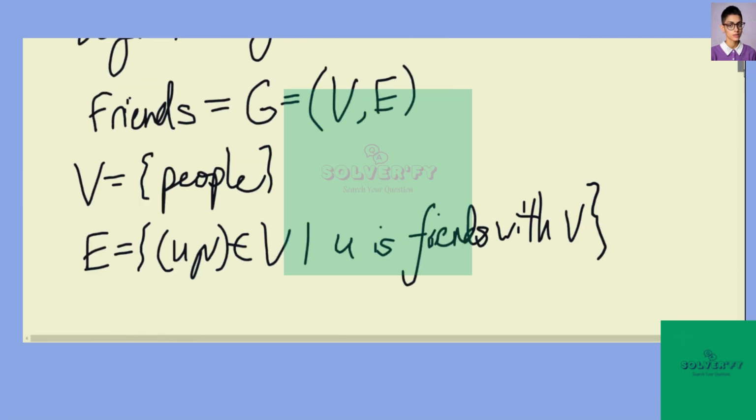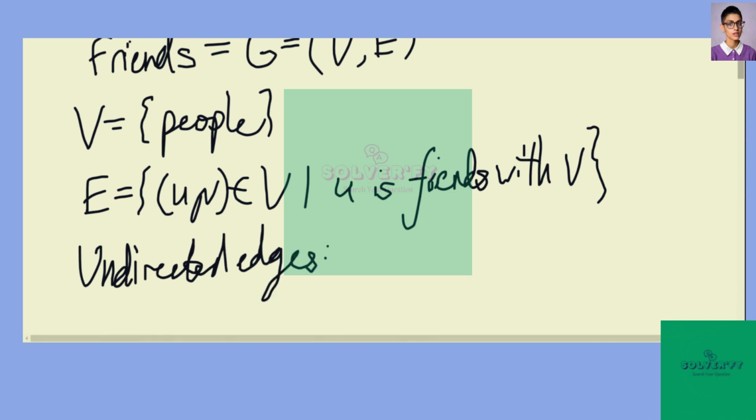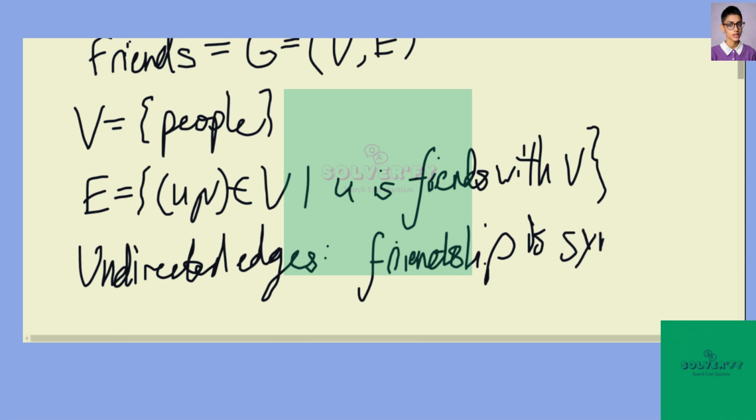First of all, the edges are going to be undirected, and this is because friendship is a symmetric relationship. So if you're friends with somebody, they have to be friends with you.